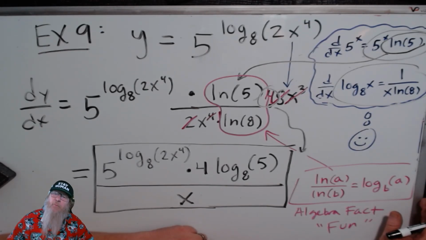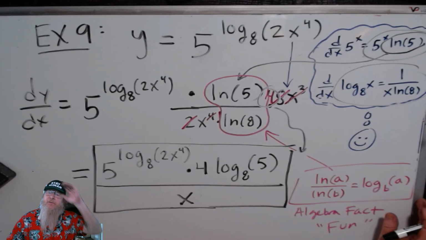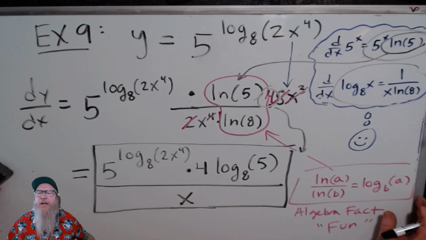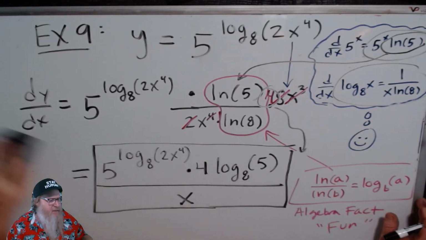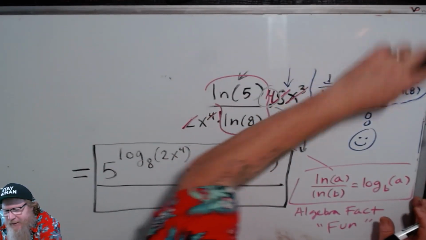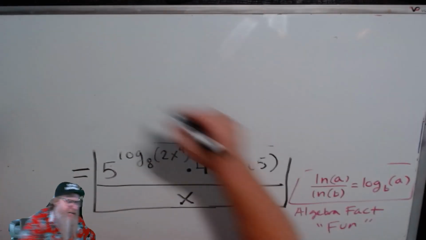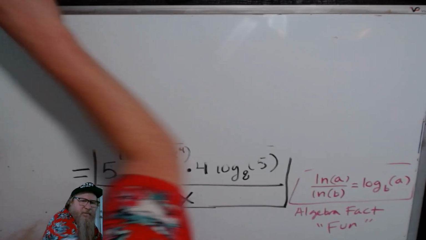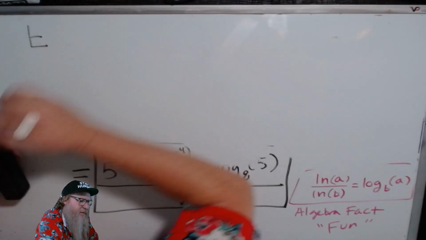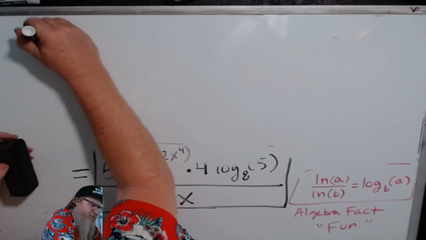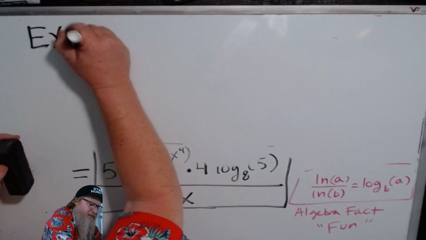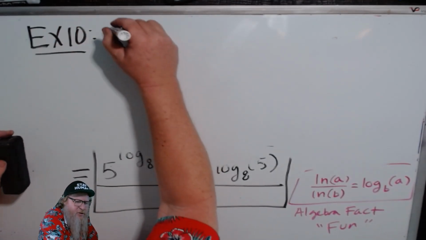Well, I've only got time for one more, and it's going to be sort of a revisiting of the original concept of a derivative. I don't ever want to forget where we came from. Remember where we came from? Instantaneous rate of change.